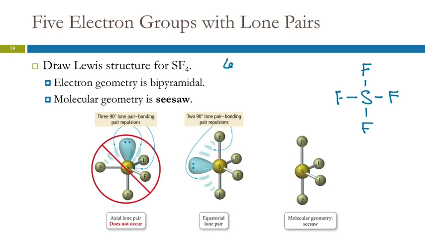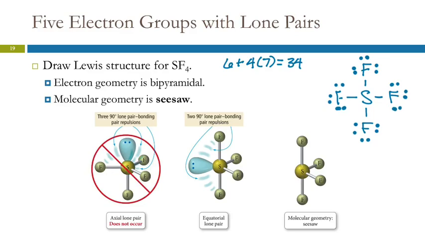Sulfur has 6, and we have 4 fluorines, and they each have 7. So 4 times 7 is 28, and 6 is 34. So 2, 4, 6, 8, 10, 12, 14, 16, 18, 20, 22, 24, 26, 28, 30, 32.